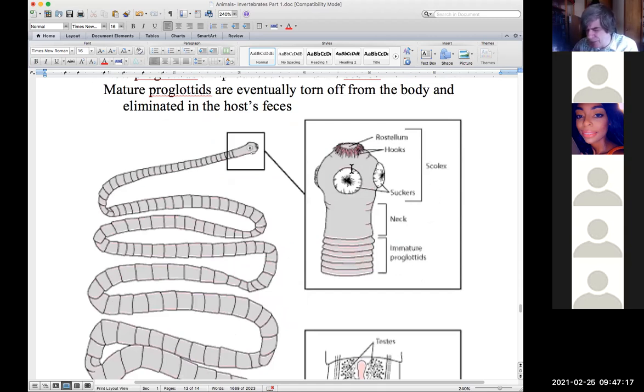Well, the scolex has a couple of things. It has a structure called a rostellum, and the rostellum has hooks on it. And below that, there are some suckers. Now, the number of hooks and the number of suckers varies from one species of tapeworm to another. And a tapeworm uses these hooks and suckers.